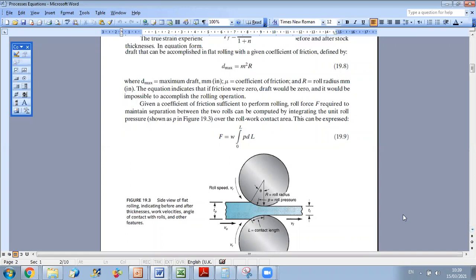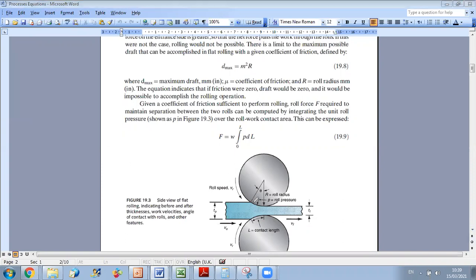Here we have a certain contact area between the work part and the roll, and this contact area is L times the width of the work part. To calculate a force, you need to multiply the pressure or stress times the area. At each point, you have a certain pressure of the rolls acting on your work.